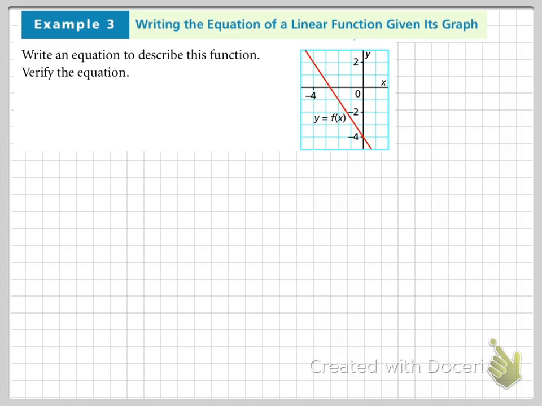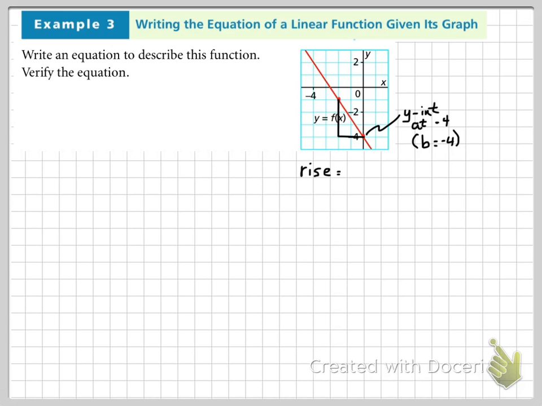And example 3. Write an equation of a linear function given its graph. This time, we're given a graph, we're asked for the equation, they don't tell us the slope, they don't tell us the y-intercept. Can we see what they are? Well, apparently my y-intercept is at -4. That tells me my b value is going to be -4.